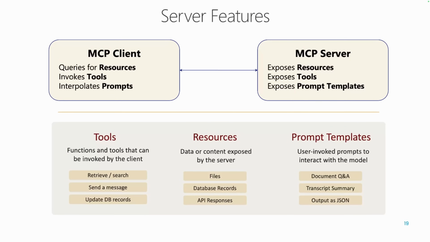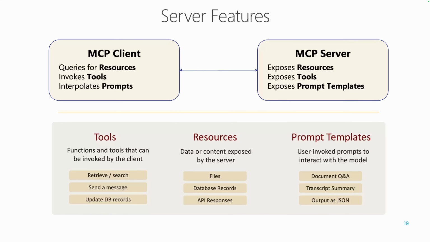So the server features are these: an MCP server exposes resources, tools, and prompt templates. The tools are small functions that can be invoked by the client. For example, in the case of GitHub, search a PR or search between issues, or send a message with all the context to create a new issue.